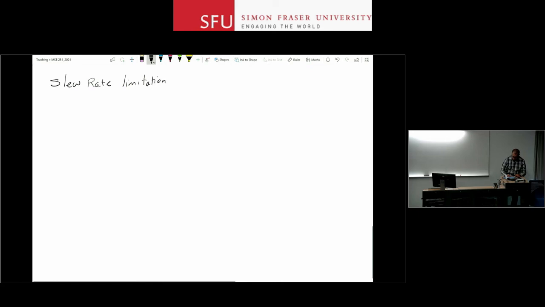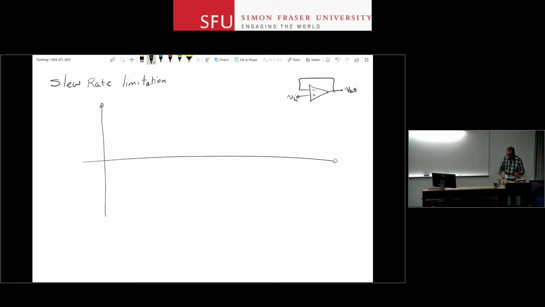Basically what this means is that, let's assume that you have applied a signal to an op-amp. Let me just use a buffer for now, just to make the drawing a bit simpler. Your V out should follow V in, this is a gain of 1, what can go wrong?